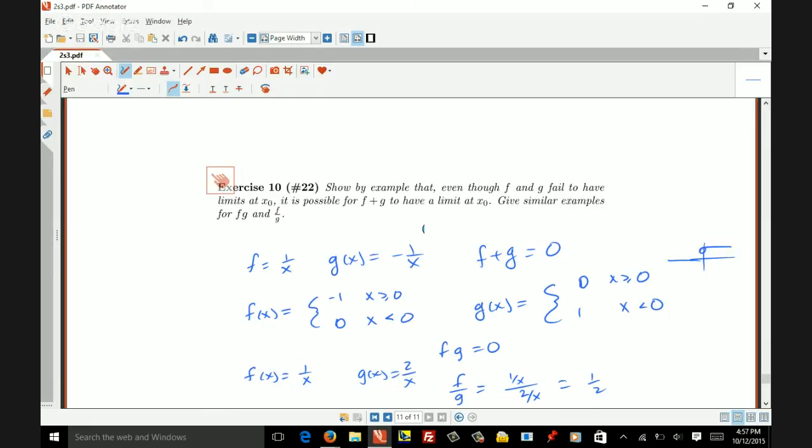So for each n in the naturals, let x n be in the interval (x naught minus delta n, x naught plus delta n), x n not equal to x naught.